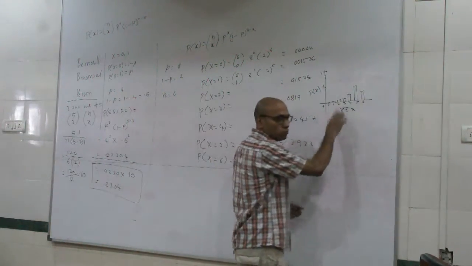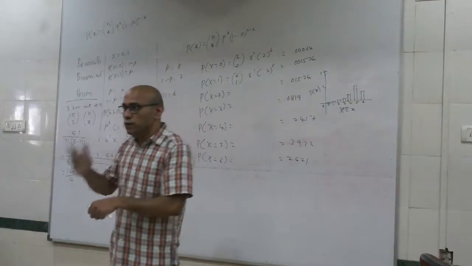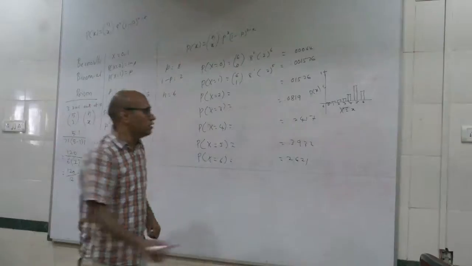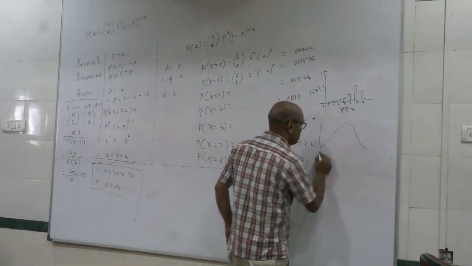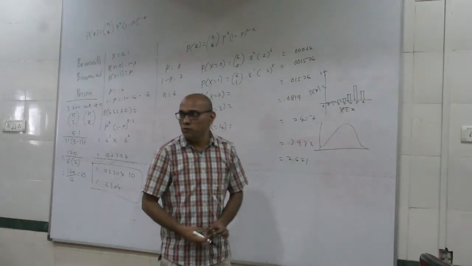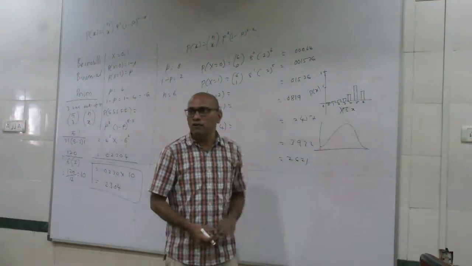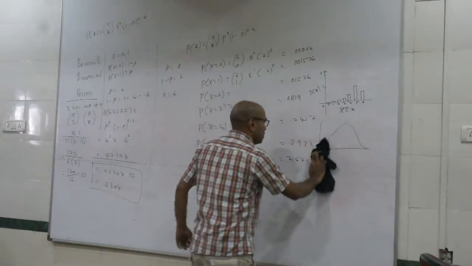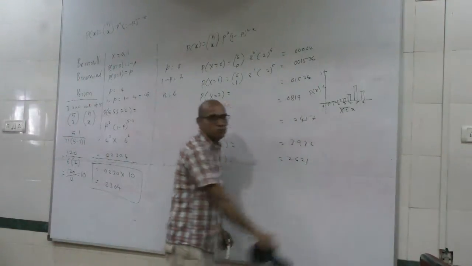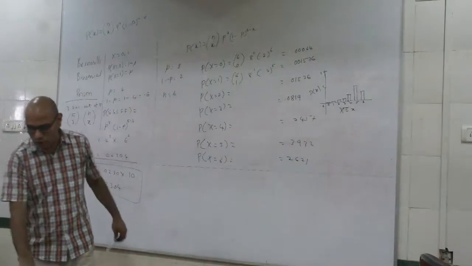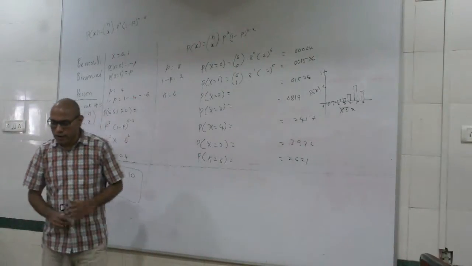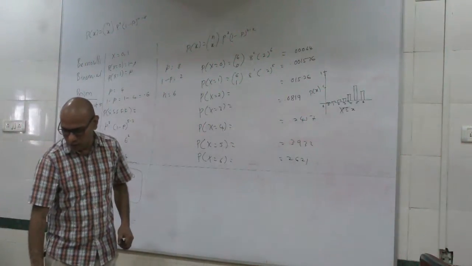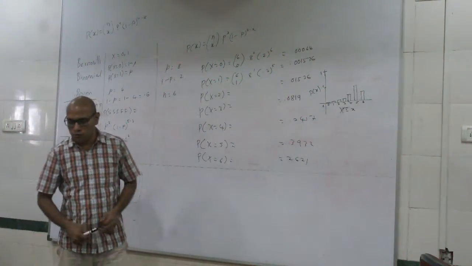So there's nothing in between 1 and 2, 2 and 3. Otherwise, in continuous, I draw a continuous curve. This is not a continuous distribution, so I am not drawing it continuous. This is my binomial distribution function, and this is how I would compute the probability of each outcome.